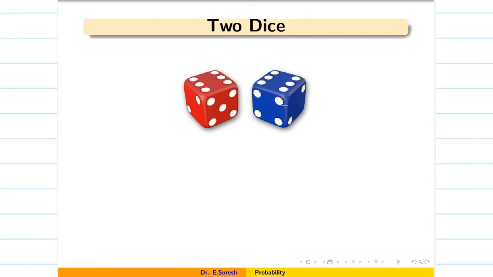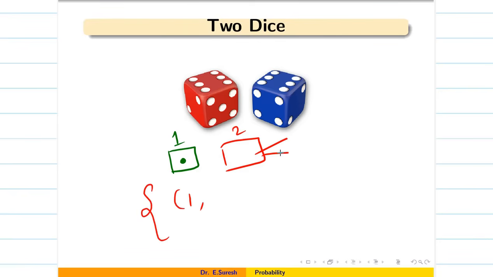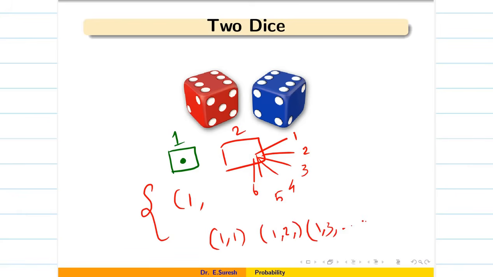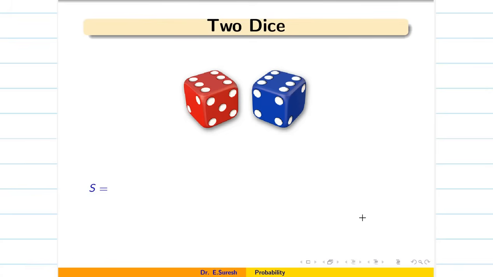Now if you take 2 dice, what are you going to do? Let us consider die 1, and I am going to fix die 2. When I have die 1, I have 6 possibilities here. If I get 1 on die 1, I am going to get 1, 2, 3, 4, 5, 6 here. So I can write (1,1), (1,2), (1,3), etc. Let us see this one by one. First die I am fixing 1, so my output is 1 to 6.